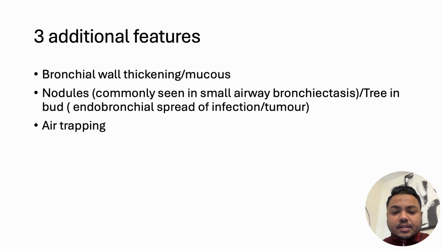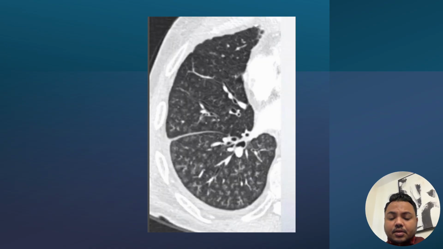As I was mentioning, apart from the three cardinal features, there are three additional features as well. Bronchial wall thickening, we just discussed, and often presence of nodules or tree in bud appearance and air trapping. So we can see these bronchi here, which are dilated and filled with mucus and fluid.